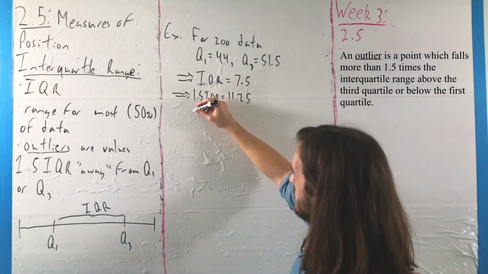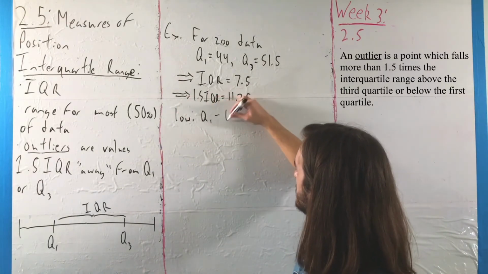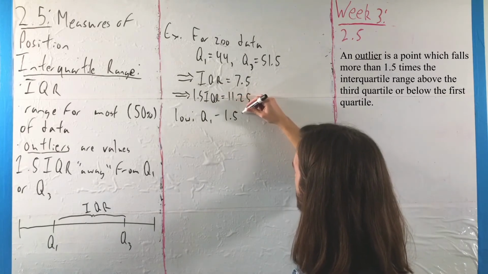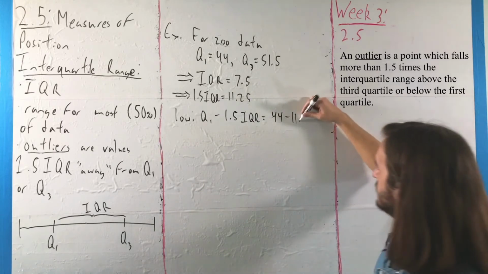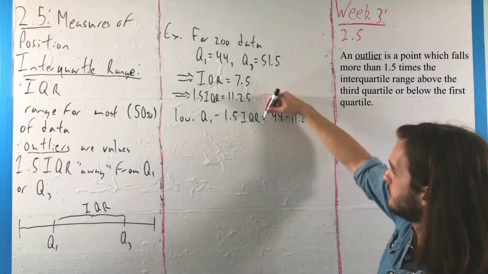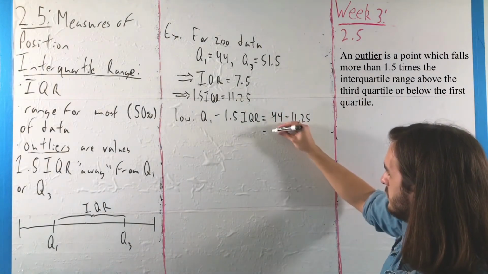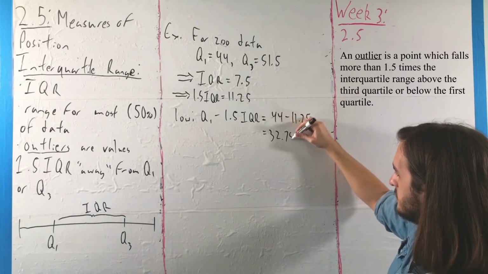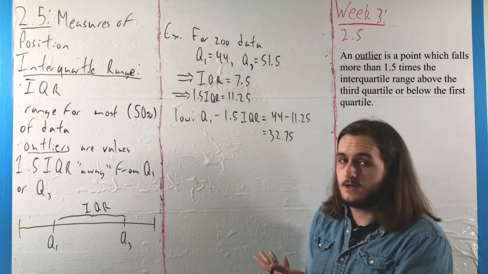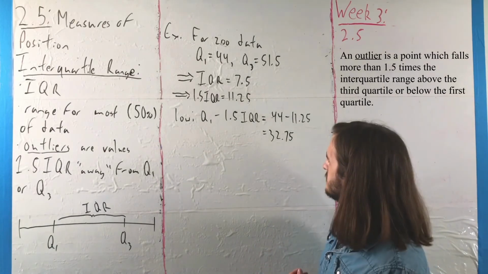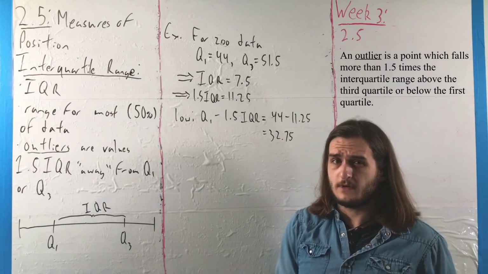So on the low end, for an outlier, what we do is we take Q1 minus 1.5 times the IQR, which in this case is 44 minus 11.25, or what we would end up with here is 32.75 inches. And hopefully you can guess that would be a very unusual height for a third grader. It would be a very unusual height for really anything but a toddler, because that's less than 3 feet tall. It's quite short.